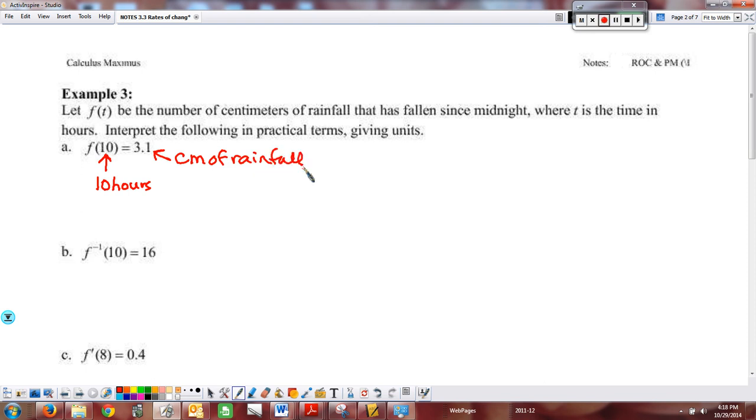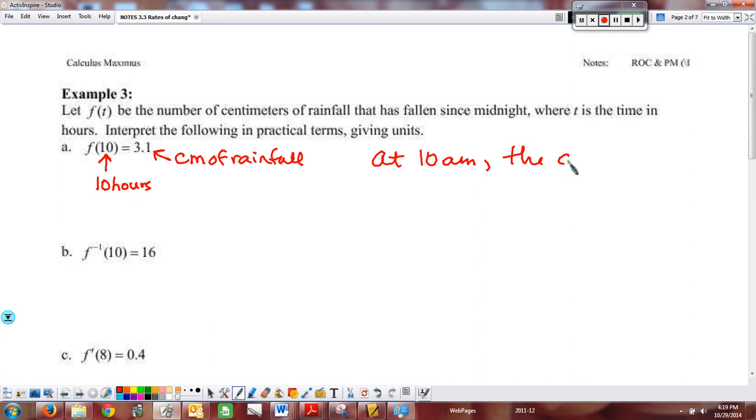Okay, so we can get our units fairly easy. This is the quantity function. So what is our interpretation of this? Our interpretation is, after 10 hours have passed. Now a lot of times we're going to put this in common sense. After 10 hours have passed since midnight, what time are we? So we would say at 10 a.m., because 10 hours have passed, that's your when.